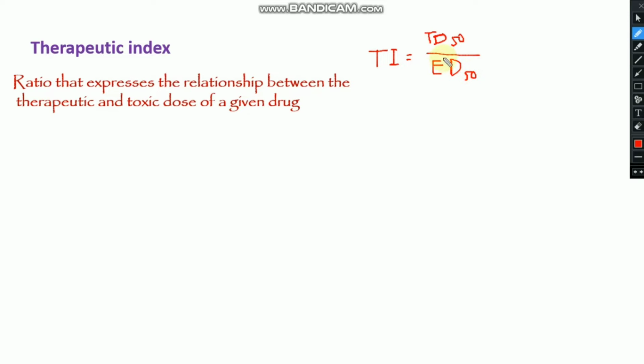This TD50 is the toxic dose, or sometimes you might get it as the lethal dose or LD50. So basically this LD50 and TD50 are the same.